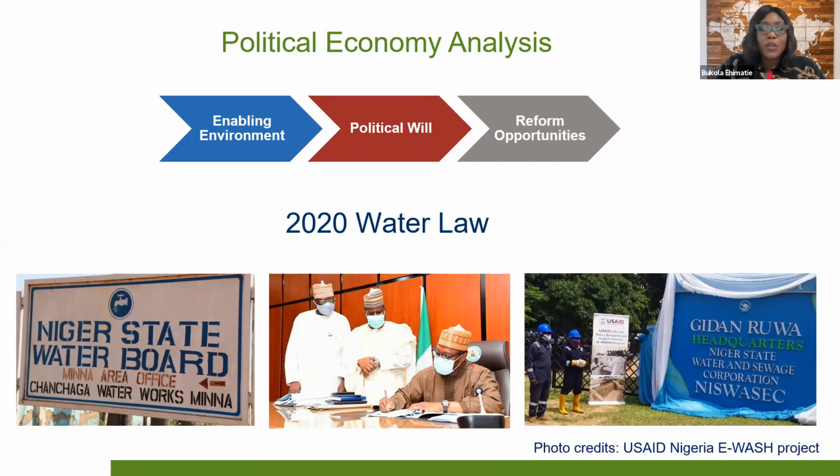That led to the picture we are seeing in the middle, the governor signing the law, and the picture on the right showing the transition of the utility to a corporatized organization. This effectively transferred power and water service provision from a fully government-controlled water board to a more autonomous water corporation that begins to strengthen its accountability and the quality of its water production system. We can go to the next slide.